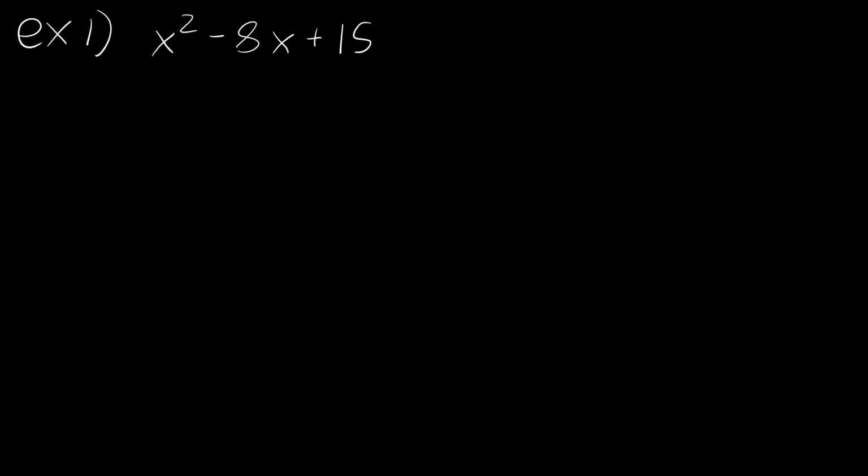Example 1, we have x squared minus 8x plus 15. So a equals 1, b equals negative 8, and c equals 15. So we need to find the factors of a times c that add to b.